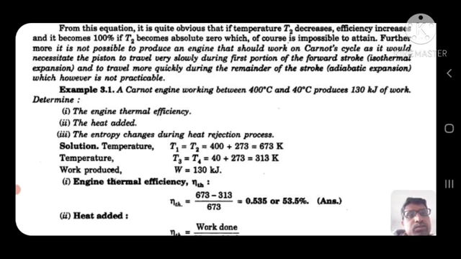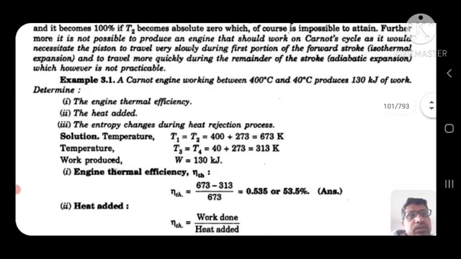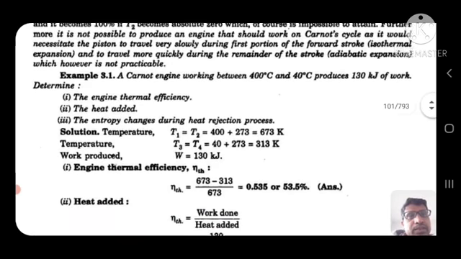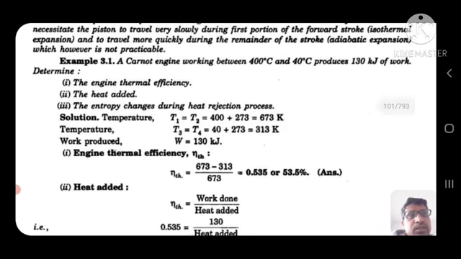Furthermore, it is not possible to produce an engine that works on the Carnot cycle, as it would necessitate the piston to travel very slowly during the first portion of the forward stroke, isothermal expansion, and to travel more quickly during the remainder of the stroke, adiabatic expansion, which however is not practicable.